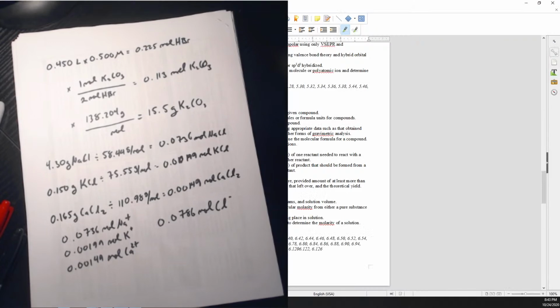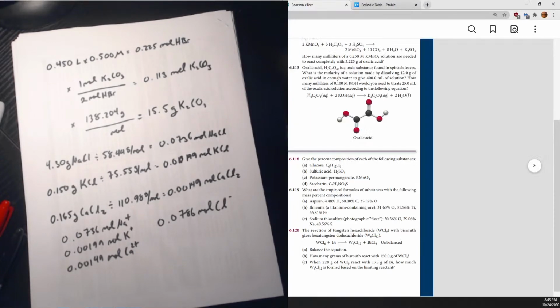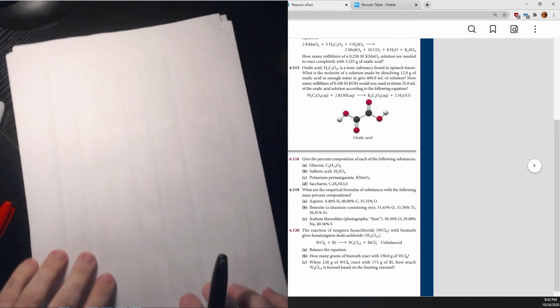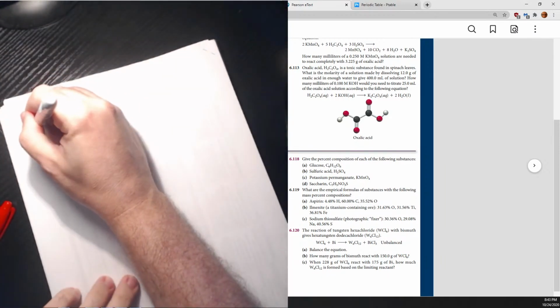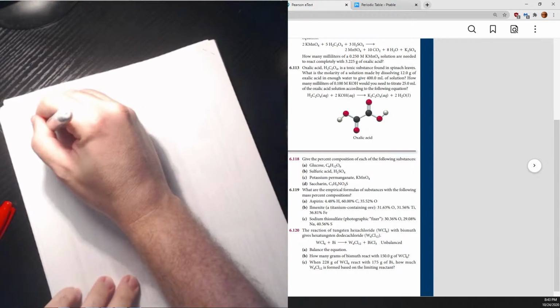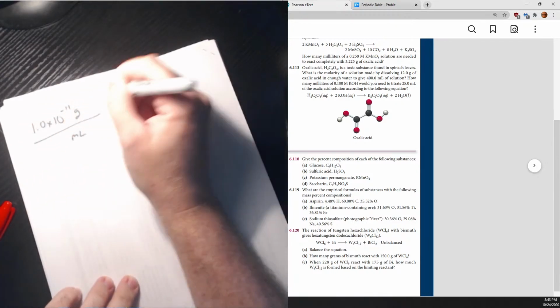Next up, 116. The estimated concentration of gold in the oceans is 1 times 10 to the negative 11th grams per mL. Express the concentrations in moles per liter. All right, 1.0 times 10 to the negative 11th grams per milliliter.